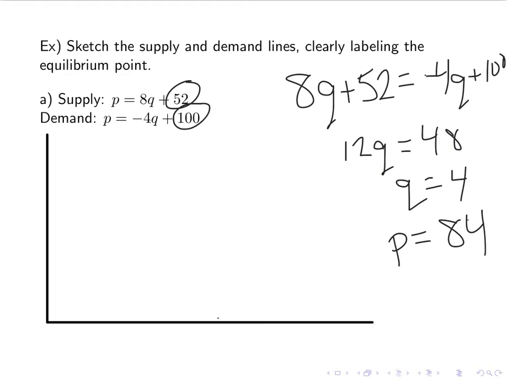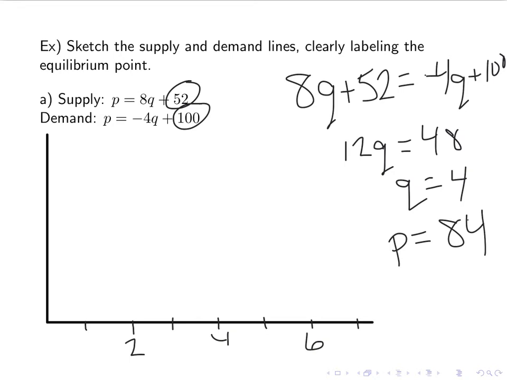So Q being 4, I'm going to put 4 in the middle. If I want to go by ones or whatever. And then I need to make sure that I can figure out where 52, 84, and 100 are on my lines, at least roughly. That doesn't have to be exact.